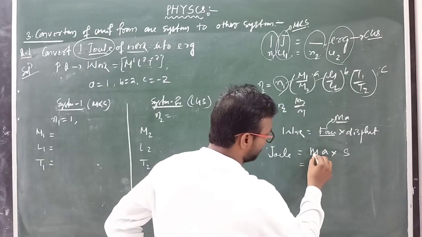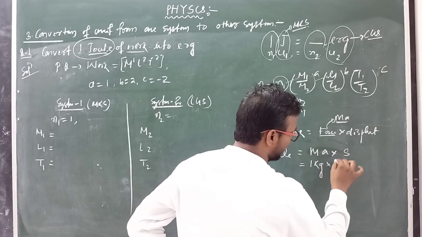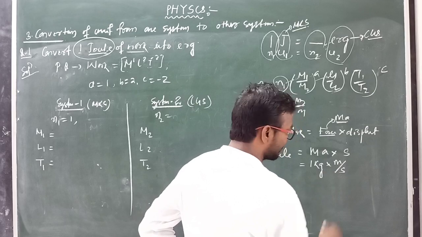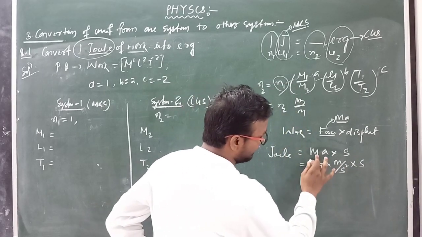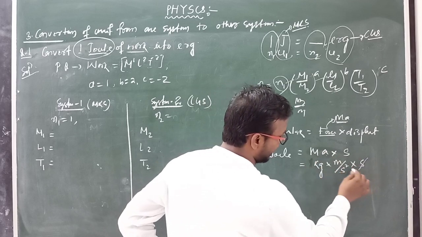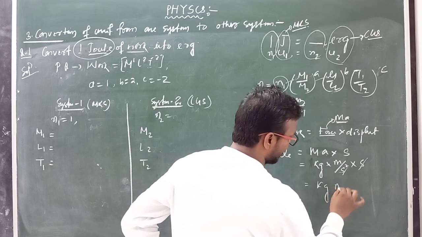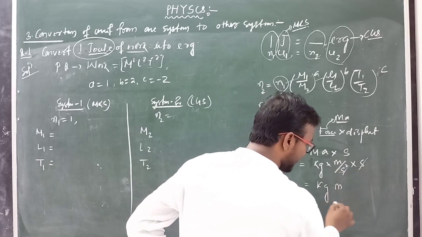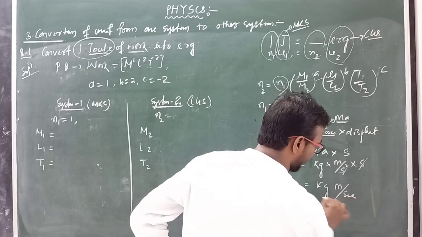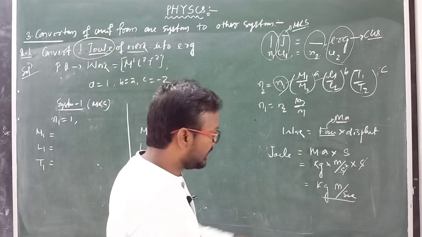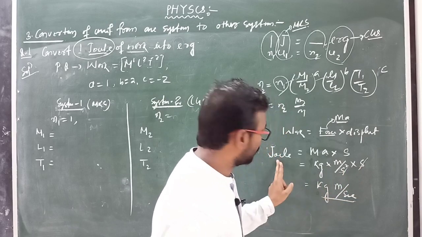Then we can use kg for mass, acceleration meter per second square, into meter. Kg meter per second square into meter. One second cancels, and the remaining part we can write kg meter per second, clear? This is the unit of joule.